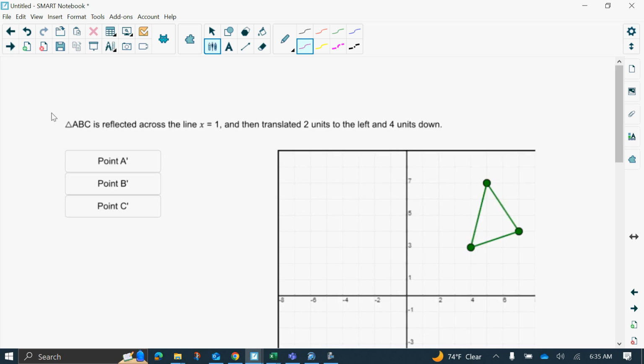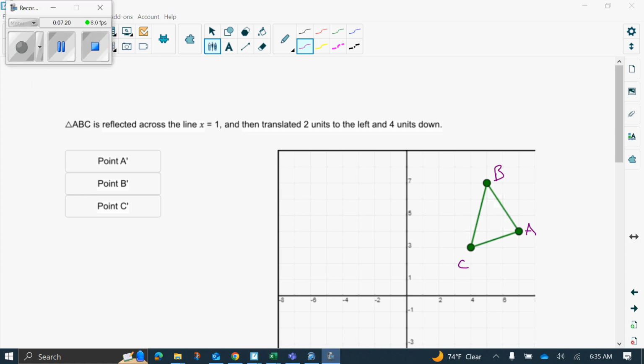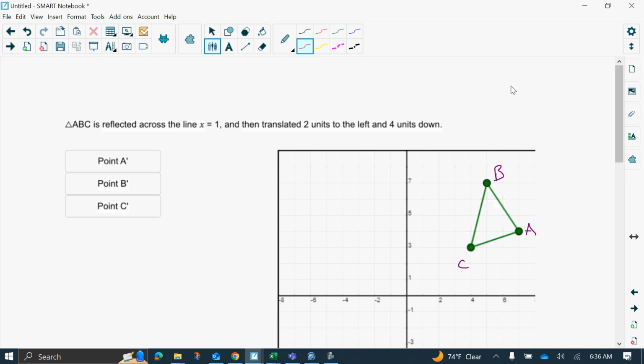Now, this one, I'm sorry, the labels are missing. This one, I believe, was C, A, and B. I'm going to pause for a second and double check that. Okay, yes, those are the correct points. Okay, and so then it says to reflect across the line x equals 1 and translate 2 left and 4 down.